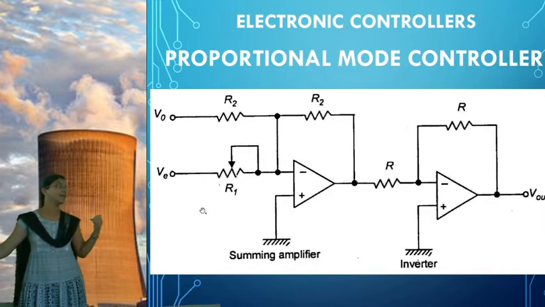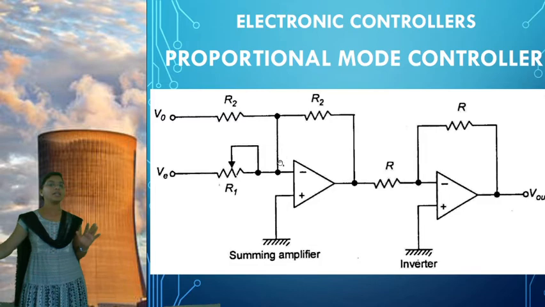The inverting terminal, like the equation in the proportional controller mode, Kp Ep plus P naught, where Ep we count as VE and P naught we take as V naught. Those two are connected to the inverting terminal and added together, which generates VE Kp plus V naught.